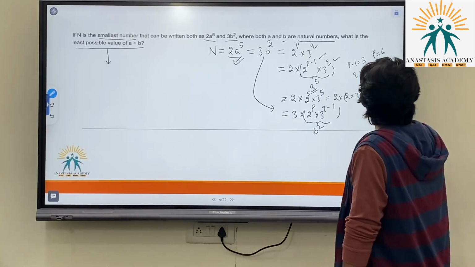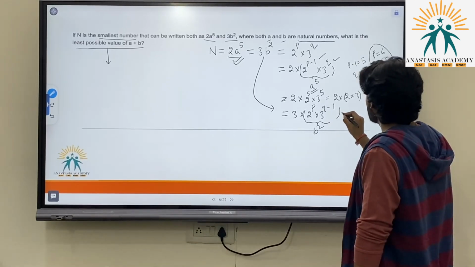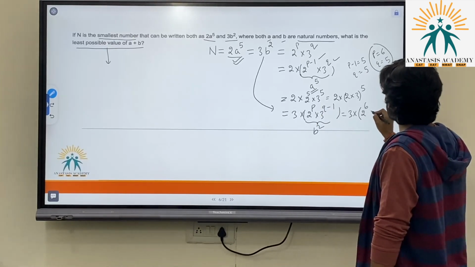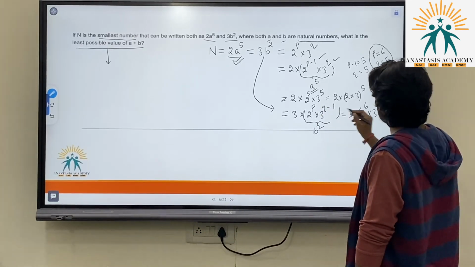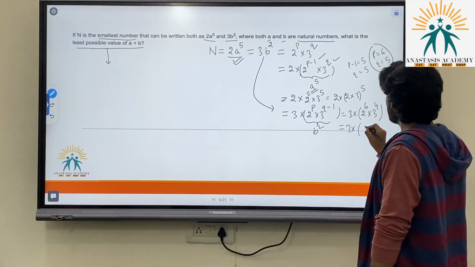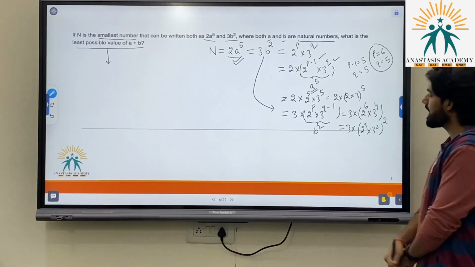Also I have found p as 6 and q as 5. So this is precisely 2 raised to the power 6 into 3 raised to the power 4. So I can write it as a perfect square of 2 raised to the power 3 and 3 raised to the power 2, whole square.